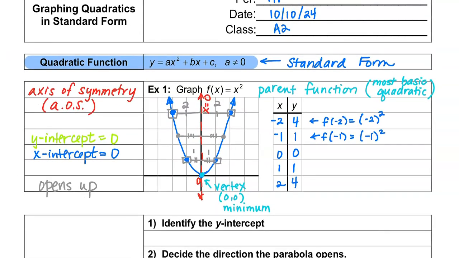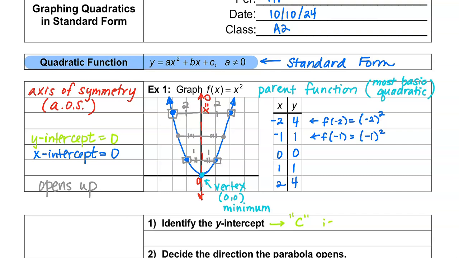Now the y-intercept is really nice because it's just the value of c. When I say c, if we go back up here, that's the constant in the equation. That'll be the y-intercept.